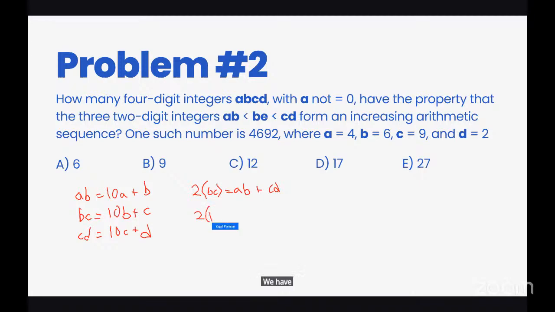We have 10B plus C, and then we can substitute the rest in right here. 10A plus B, sorry for my handwriting, plus 10C plus D.